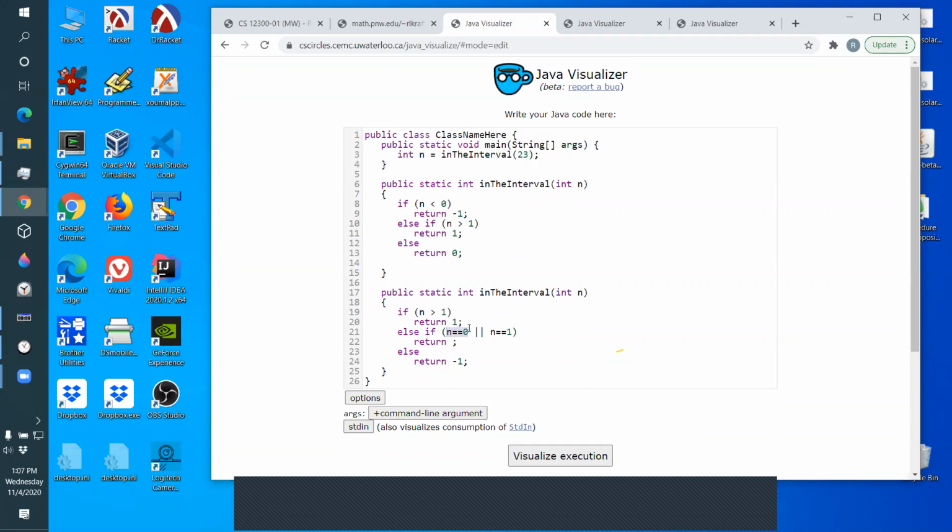This takes care of the middle case, 0 and 1, and for that one, I return 0. So now I've taken care of all the numbers that are larger than 1, taken care of 0 and 1. What's left down here? The negatives. So logically, this and this are the same logic.